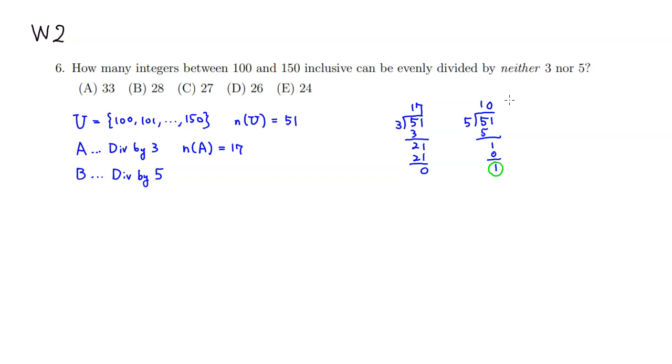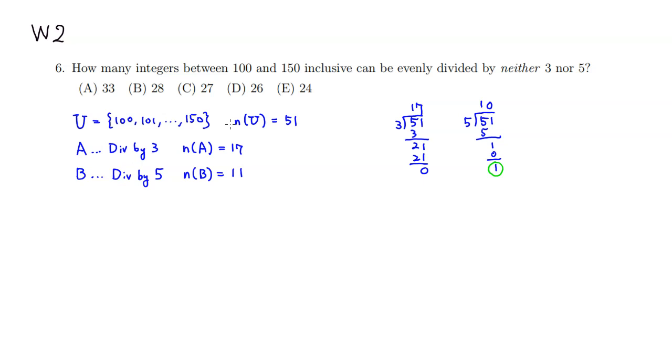For example, going from 100 to 150, you can use the first 50 of them. We know there are 10 numbers that are divisible by 5. But the last number, in this case 150, you can easily see that 150 is also divisible by 5. So you actually have 11 of those. So the number of numbers that is divisible by 5 is actually 11.